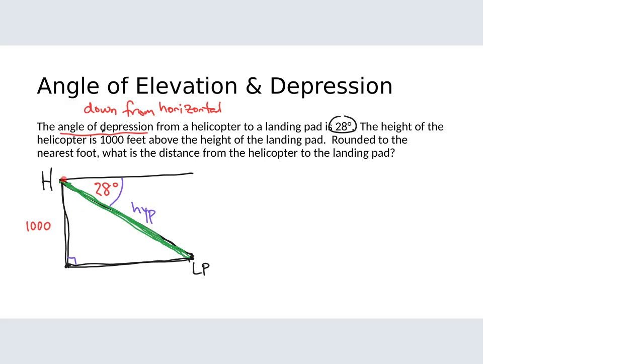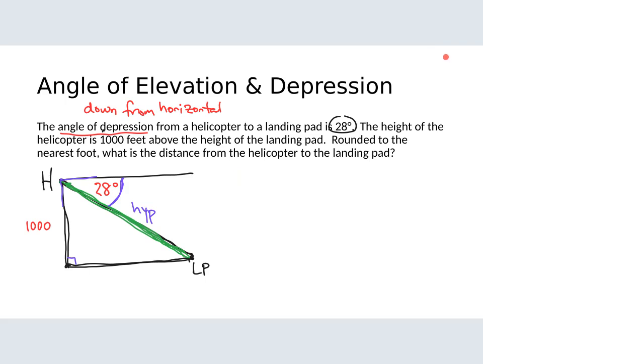I know that this horizontal line and this vertical line make 90 degrees. If this one's 28, excellent, Miranda, I can say, okay, so together these two make a 90-degree angle. If I do 90 minus that 28, then the other one has to be 62.